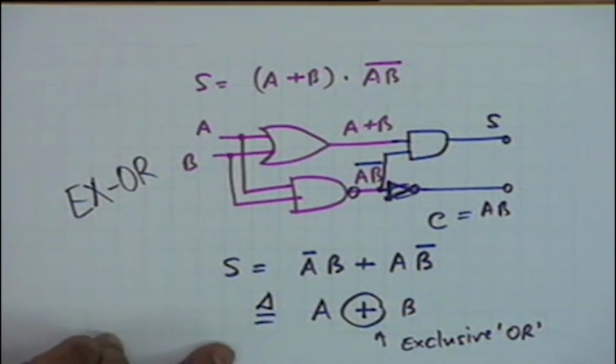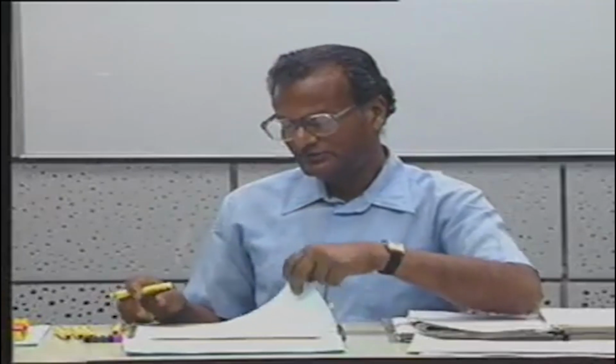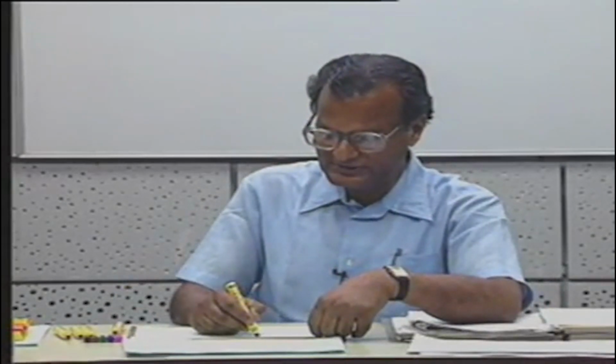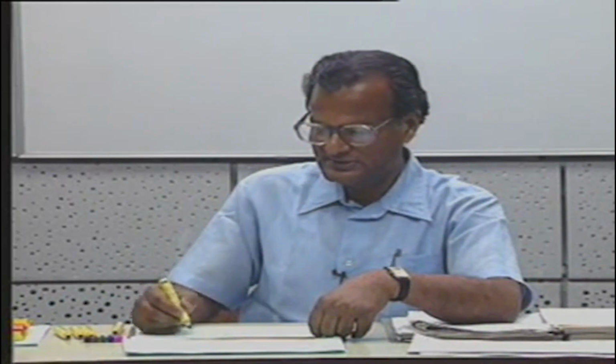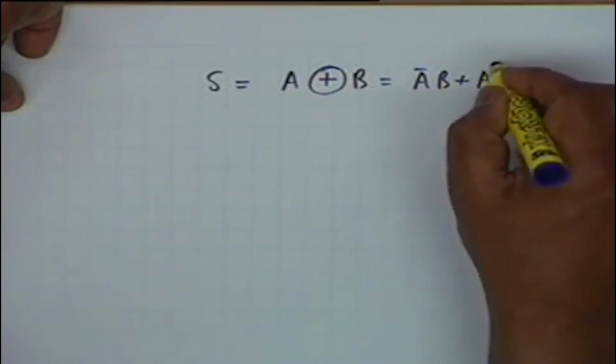Manufacturers make gates which are exclusive OR gates. To look at this further, since this is an important operation, A exclusive OR B is A bar B plus AB bar.